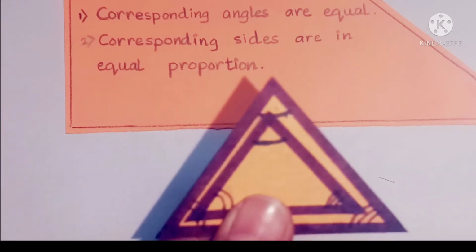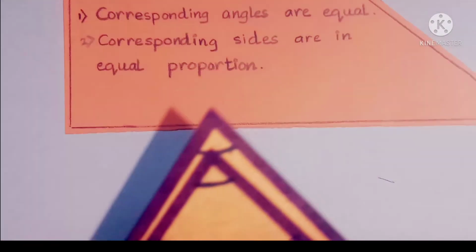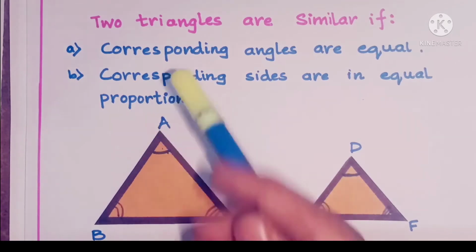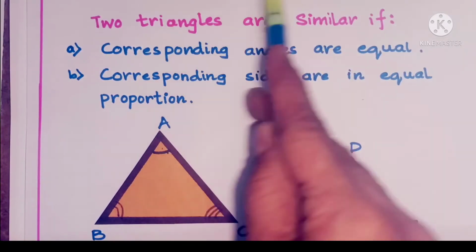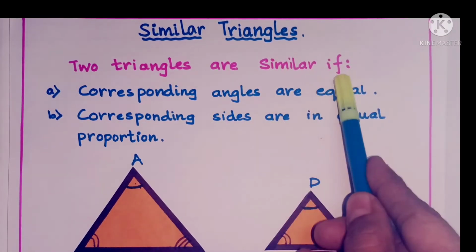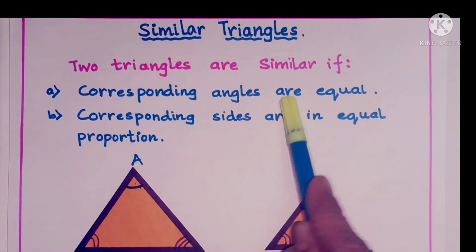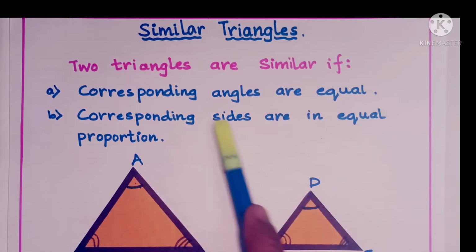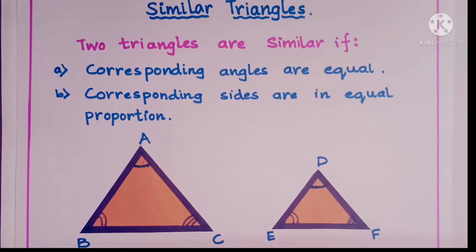Let us see what equal proportion is now. So we have come to similar triangles. Two triangles are similar if the corresponding angles are equal and the corresponding sides are in equal proportion. Let me show you once again with the names of the angles.